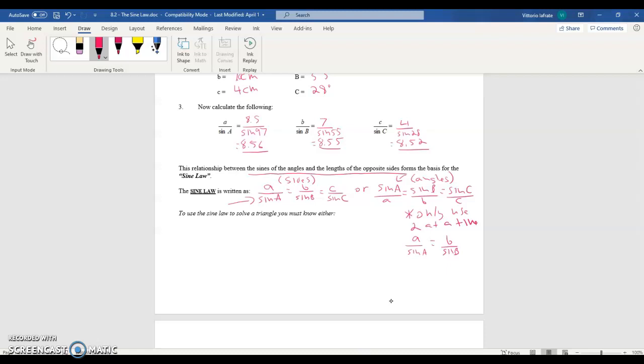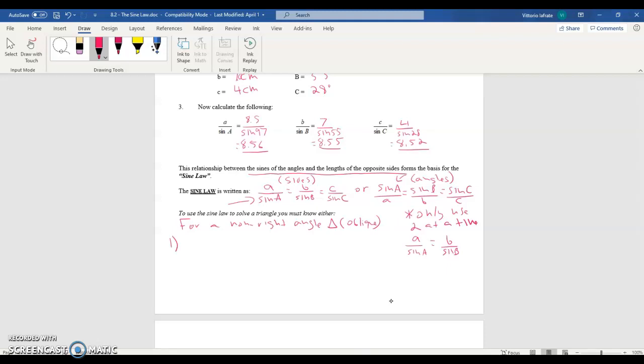So when can you use the sine law? To use the sine law, first of all, you need to know that it's for a non-right angle triangle, meaning oblique. And there's two possibilities here.